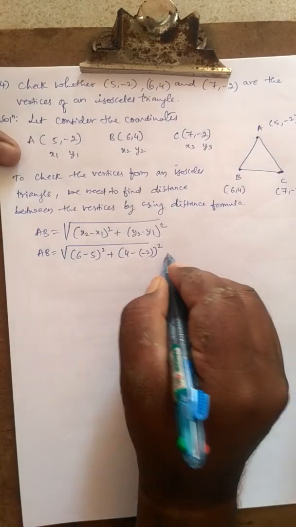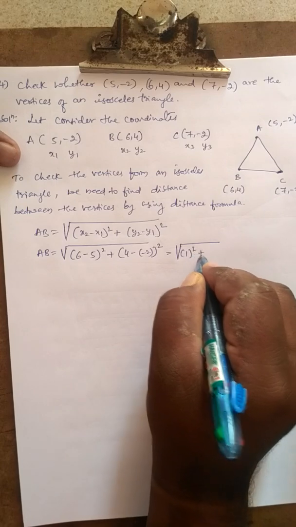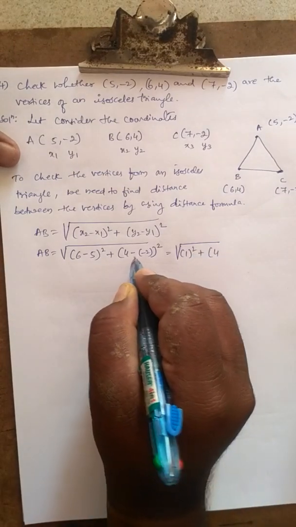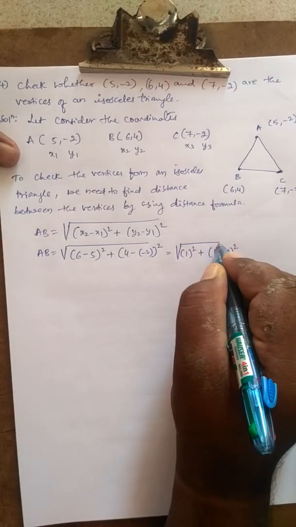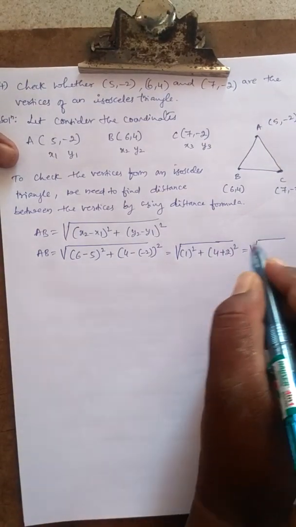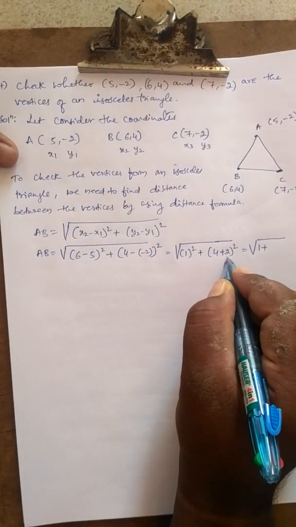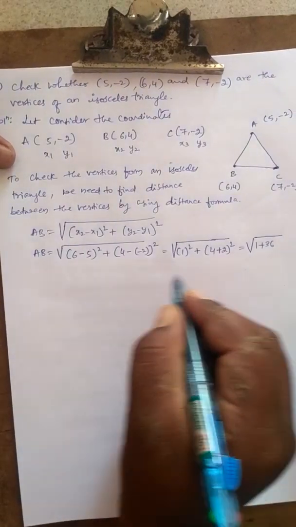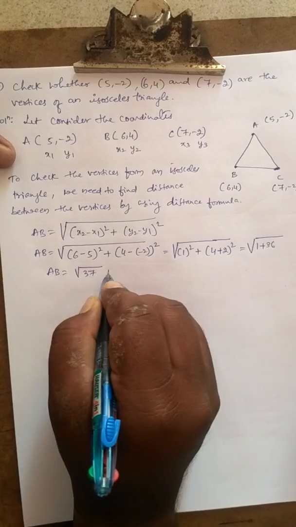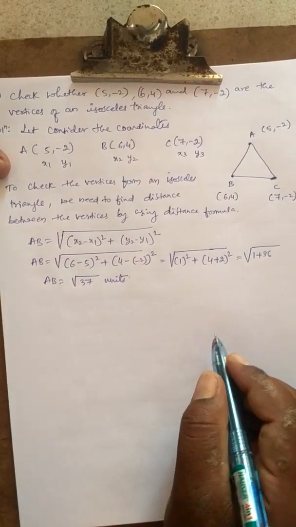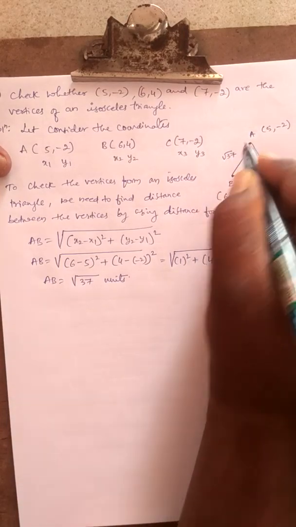So under root, 6 minus 5 is 1 square, plus 4 minus of minus 2, minus into minus is plus 2, so 6 square is 36. So AB is equal to 1 plus 36, that is 37. So the distance between A and B is root 37 units.